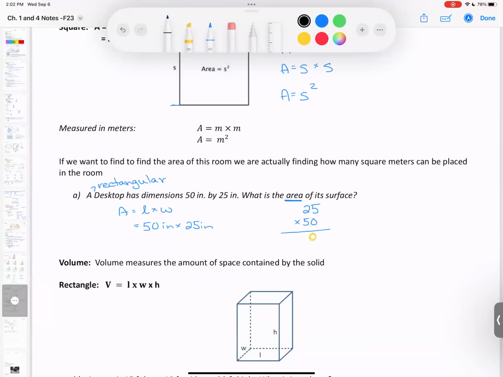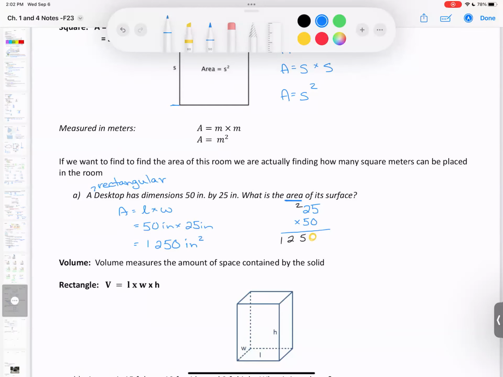So I've got 5 times 5 gives me 25, carry the 2. 5 times 2 is 10, plus 2 is 12. So I end up with an answer then of 1,250. The units for area will always be squared because we just multiplied inches times inches, which would give us inches squared.